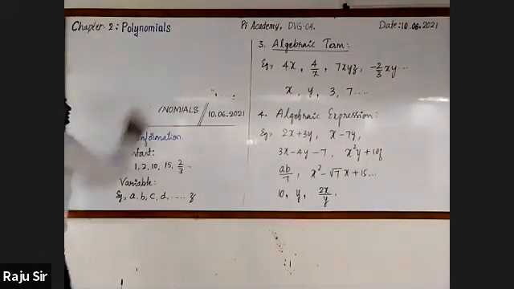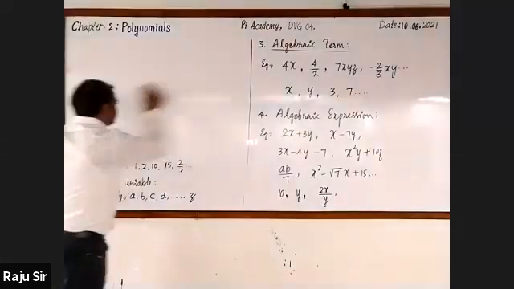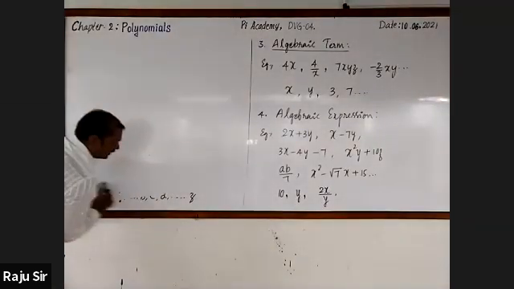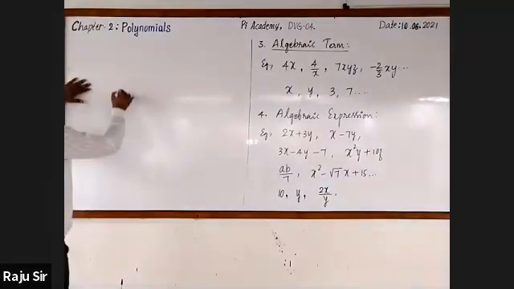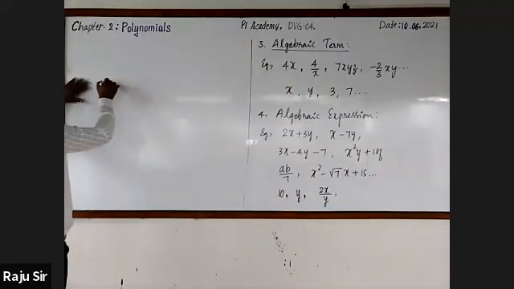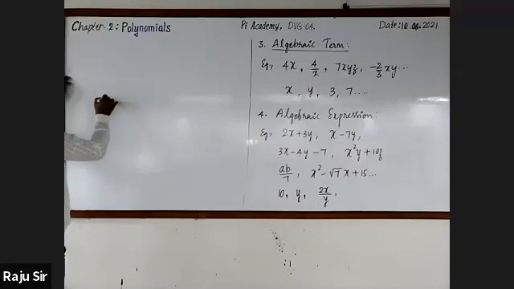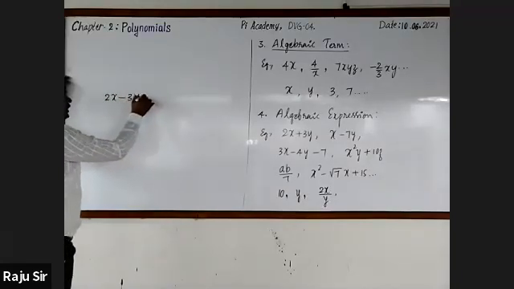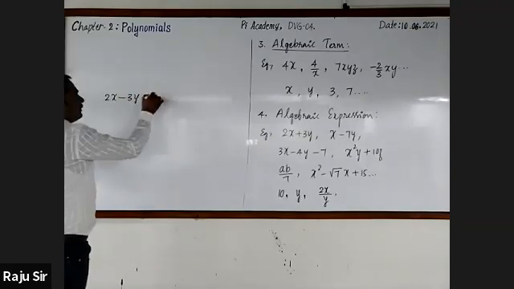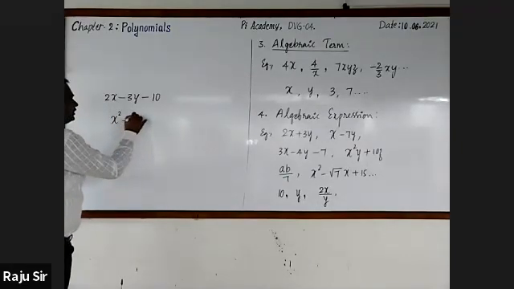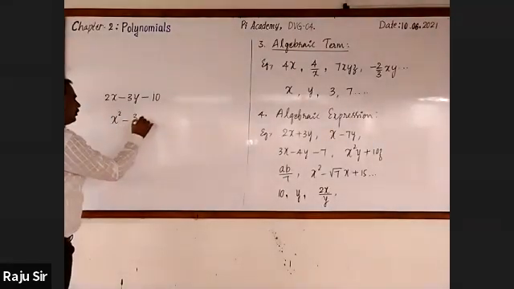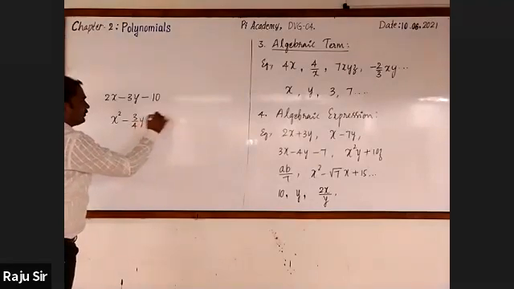Here I am going to write some algebraic expressions. Don't go for copying them, just observe. The algebraic expressions are 2x minus 3y minus 10. x squared minus 3 by 4y minus 5.